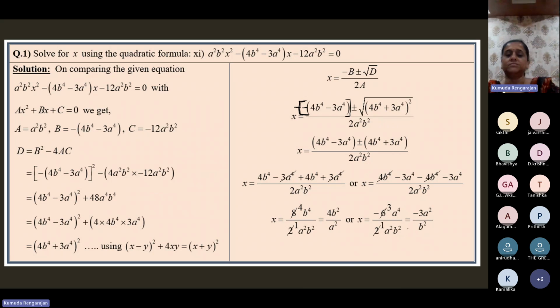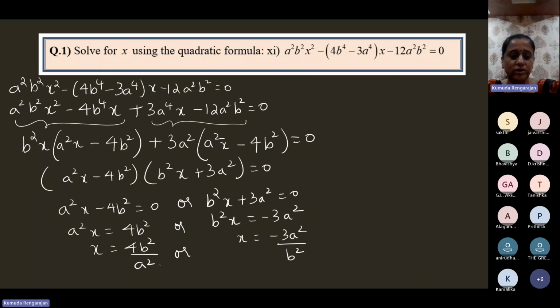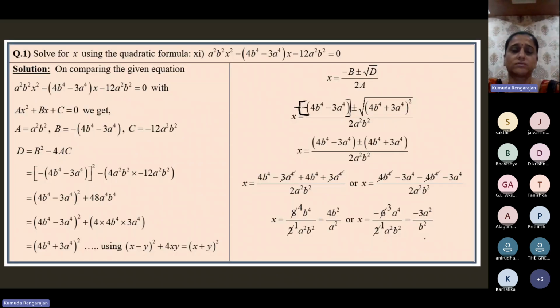Yeah, children. So that's about this. And then it's only simplification, which you can understand. So you see here 4b square by a square, what we got through factorization, and then minus 3a square by b square.